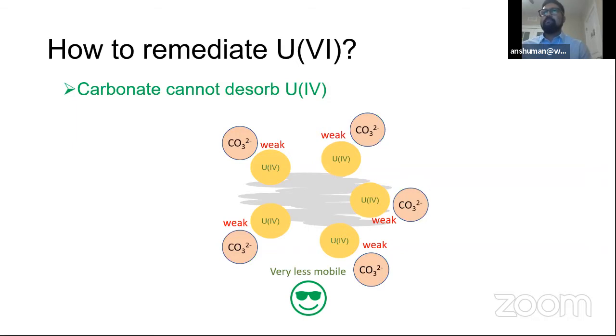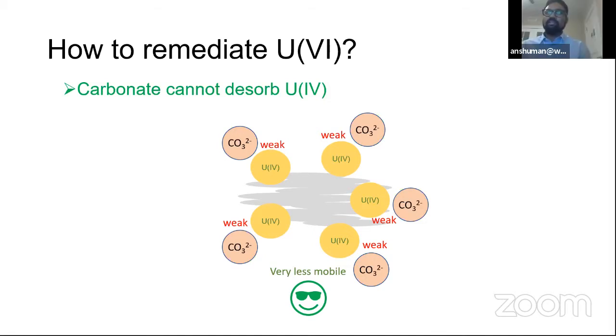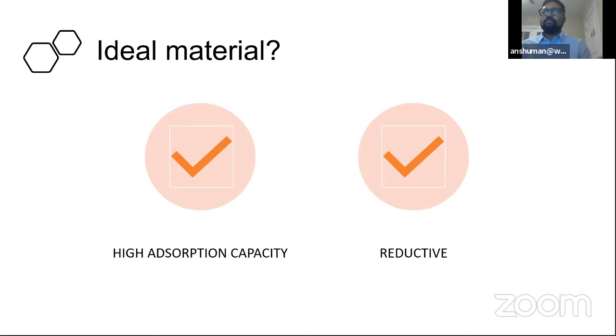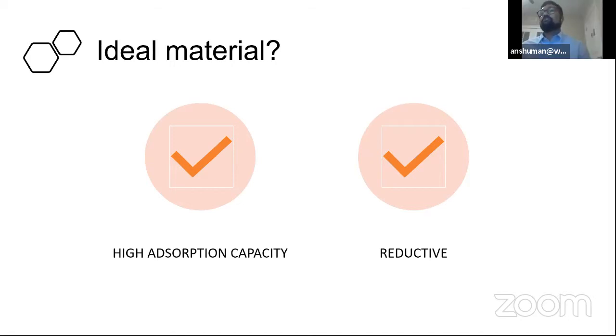So carbonate should not be able to dissolve uranium-4, and our problem gets solved. So what would be our ideal material? Our ideal material needs to have high adsorption capacity, and it should also be able to reduce uranium-6 to uranium-4.